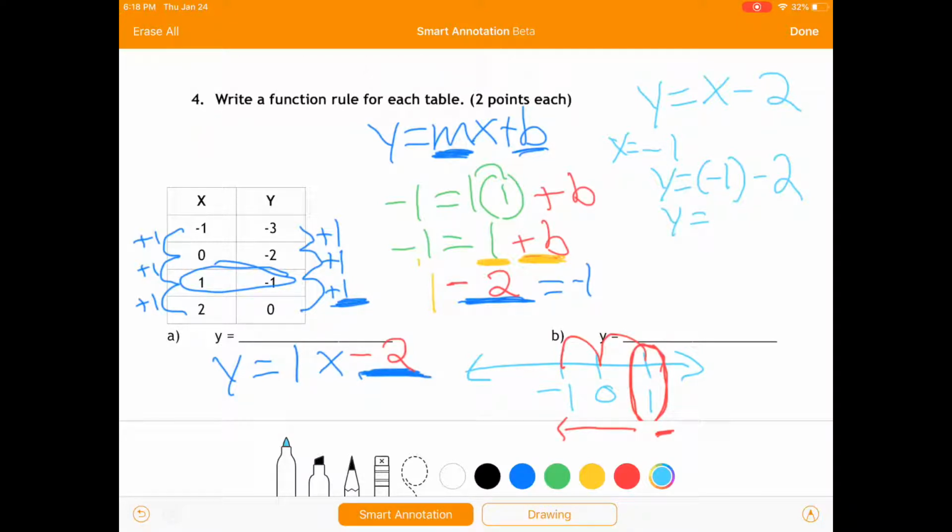Here we're starting at negative 1 and subtracting 2, and we get negative 3. And that checks out. If you keep going and do the same thing for all 3 other points, you would see that it does work for all of them.